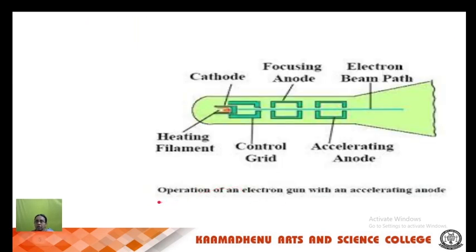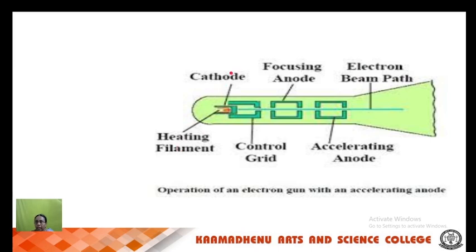This is the diagram for the operation of an electron gun with an accelerating anode. Here we have the heating filament, cathode, and control grid. This one is the focusing anode, this one is the accelerating anode, and this is the electron beam path.